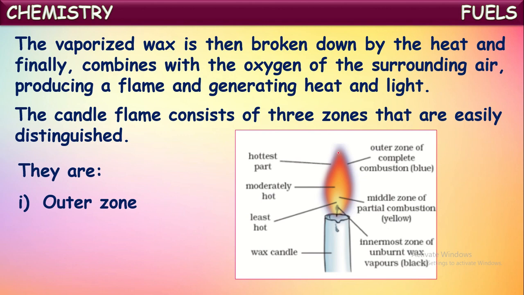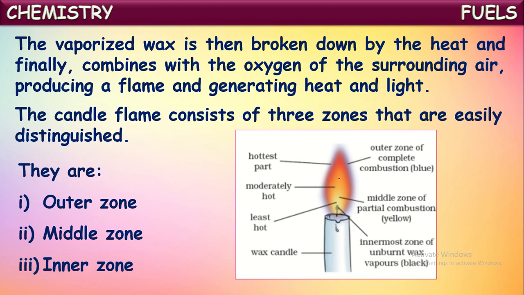Then the middle zone, the yellow or orange colored part. And the inner zone or innermost zone, the black colored part near the wick. This is called the inner zone or innermost zone of a candle flame.